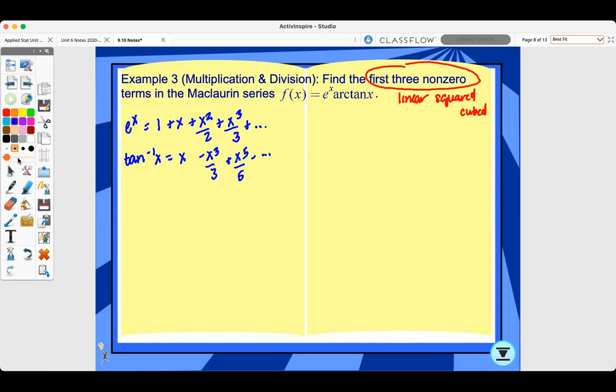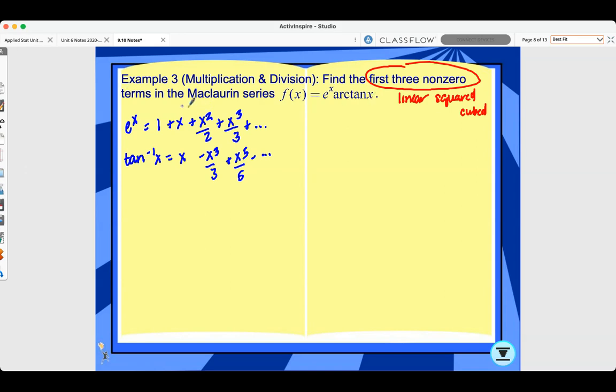So here, what we're going to do, since it's e to the x times arctangent x, we're going to multiply these two together. So we would write 1 plus x plus x squared over 2 plus x cubed over 3 plus dot, dot, dot.